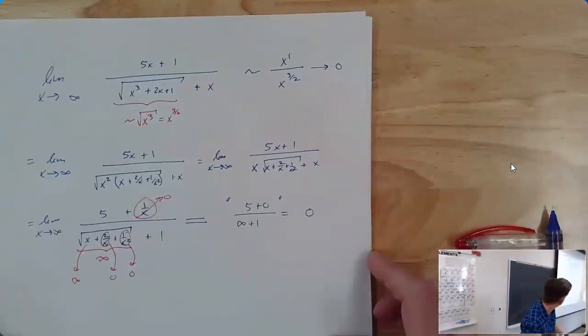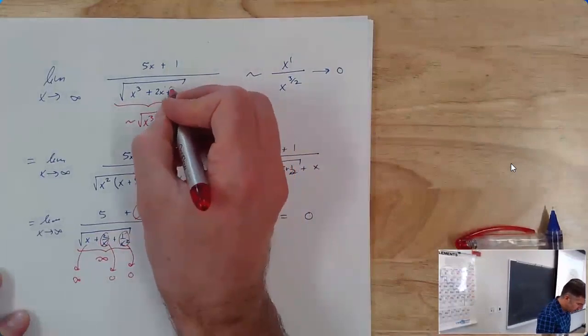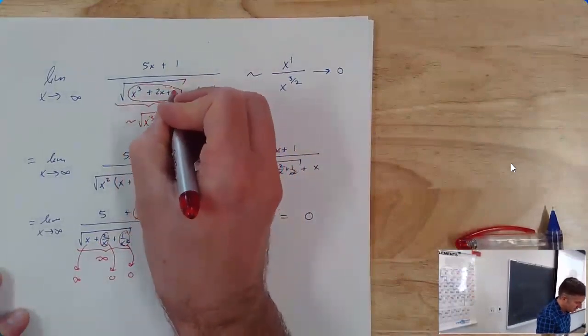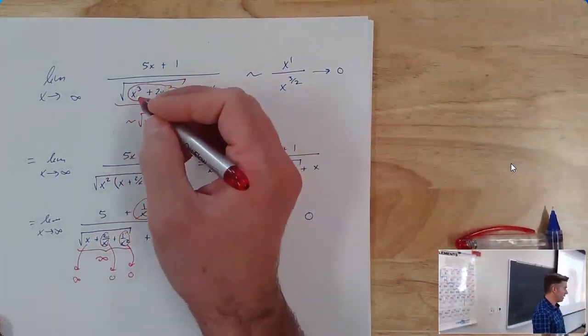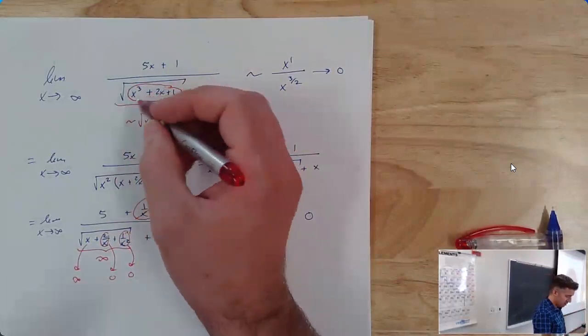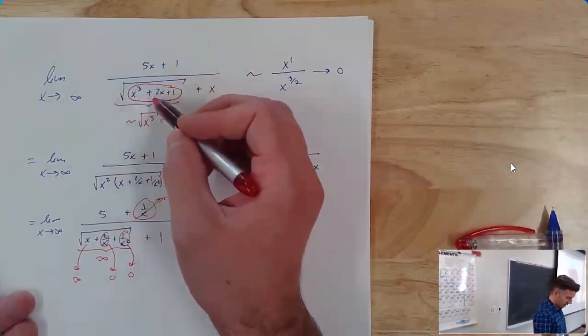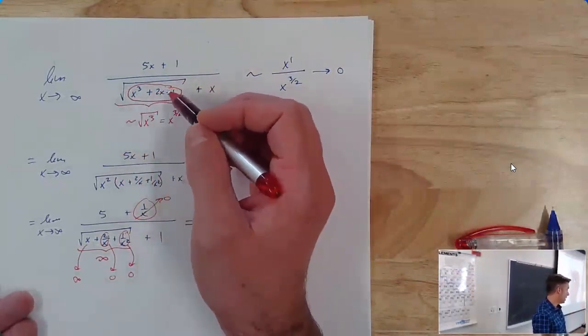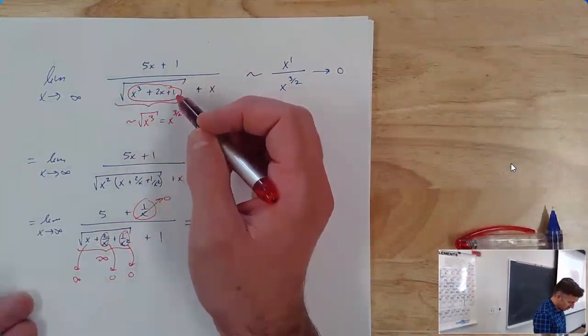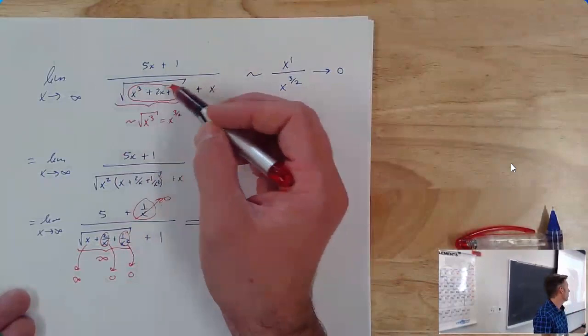If x is negative infinity, in x cubed plus 2x plus 1, x cubed is the dominant term. It's going to overpower everything else. So x cubed is a very, very negative number, and adding 2x and 1 is not going to change that behavior. So this whole inside is very, very negative, and we can't take the square root of a negative number.